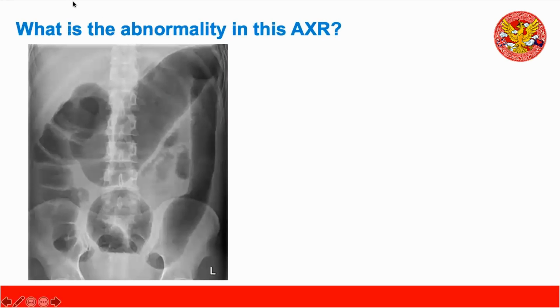So does anyone know what the abnormality is in this abdominal X-ray? Or can guess which part of the abdo X-ray is abnormal? Okay, so working through the abdo X-ray, in A, there doesn't appear to be air where it's not meant to be.